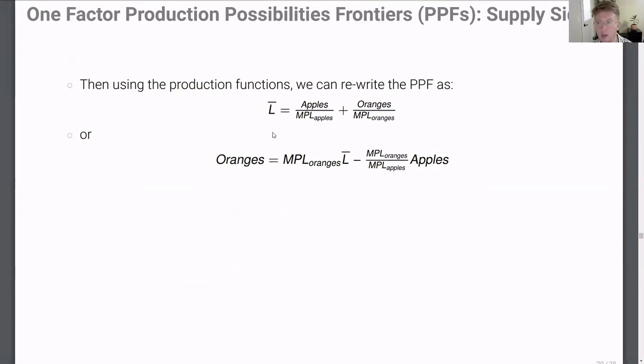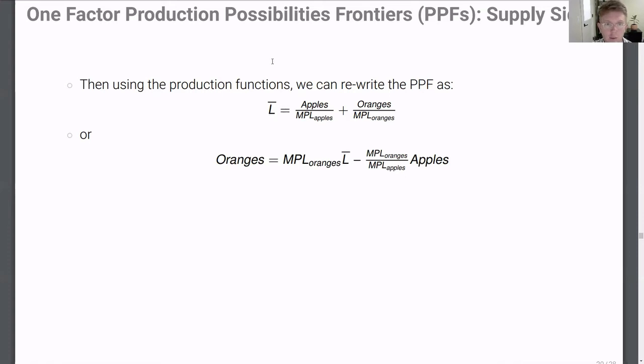So the first equation is going to be our production possibilities frontier. As I said, it spells out, if we know the productivities of labor and the total population, then we can figure out what our country can produce, all the combinations of apples and oranges.